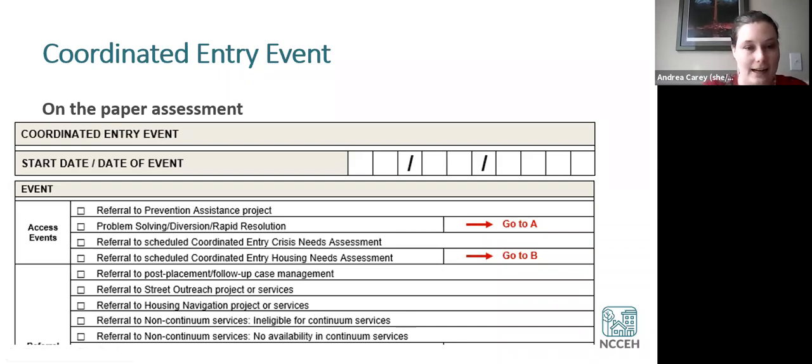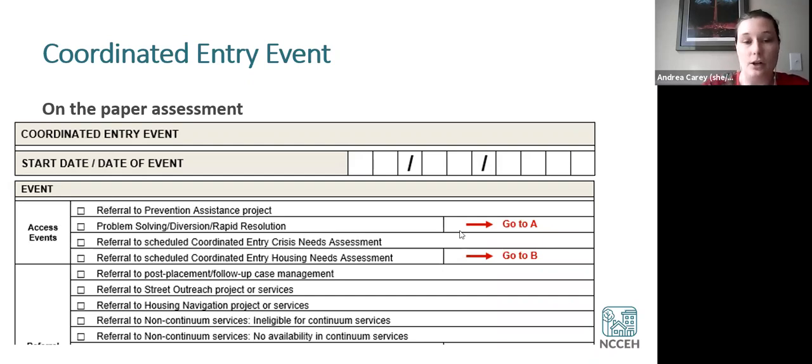All right, and then the second category is our referral events, and they have a lot more options here. So post-placement or follow-up case management, that would be our aftercare services. So if you have a referral for those, you can mark that. Referral to street outreach, it begins to break down a little bit more by project type here. Housing navigation or services that's specified and broken out.